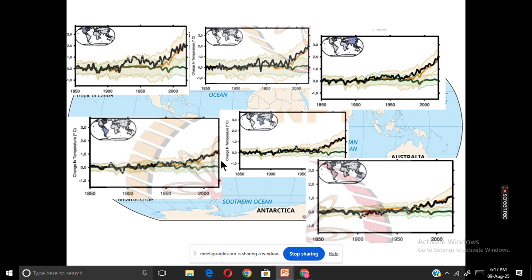In the South American region, we have around 0.9 to 1 degree Celsius, in the African region close to 1 degree Celsius, and over Australia close to 1.1 degrees Celsius. So generally over the northern hemisphere the values are a bit higher, but the temperate and tropics regions have almost similar values. The southern hemisphere has a little lower increase in temperature.